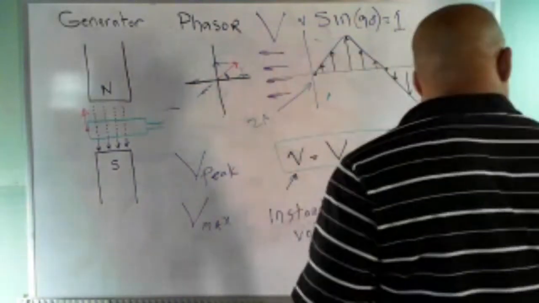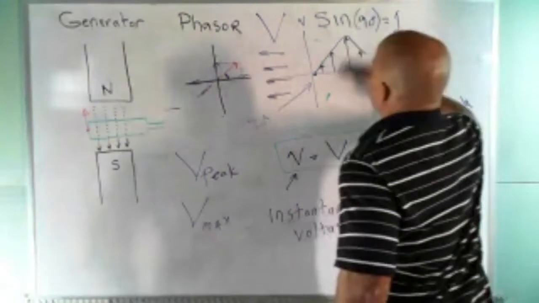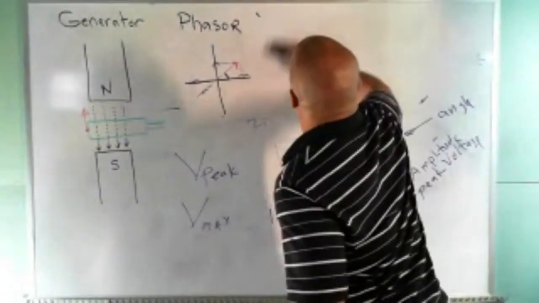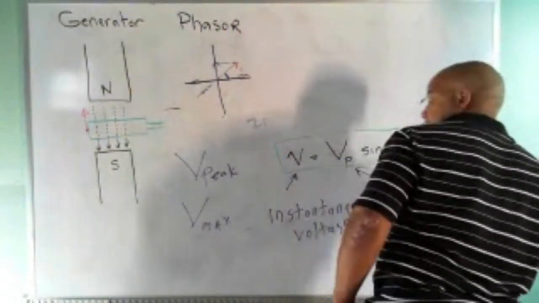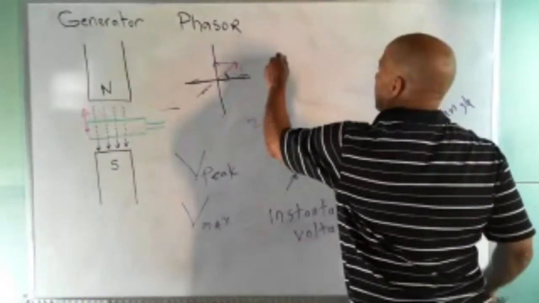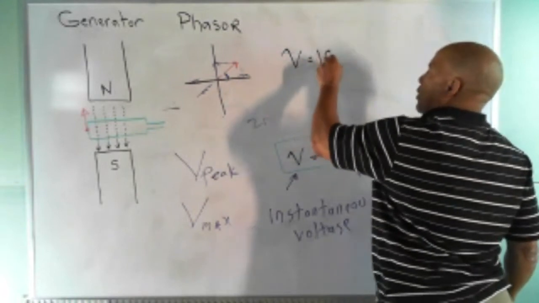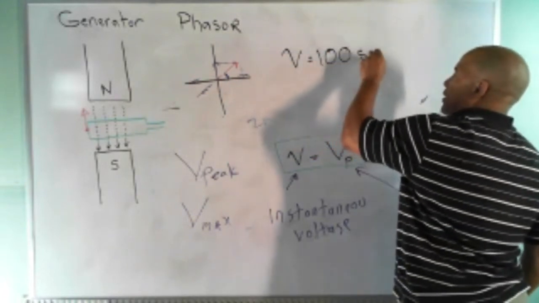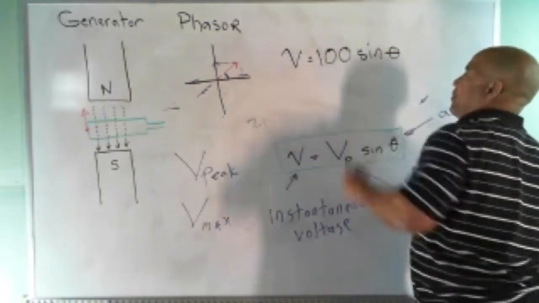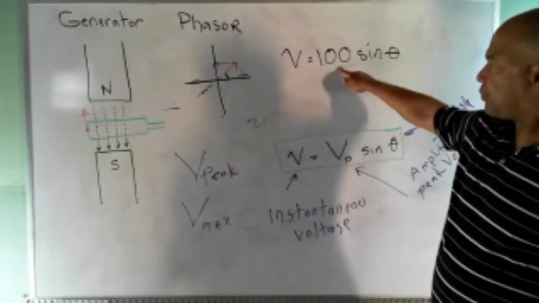So, for example, I might give you a voltage that looks like this. I might give you a waveform and say that waveform is 100 sine theta. And then what you can tell me is, okay, I know the amplitude or the peak voltage.